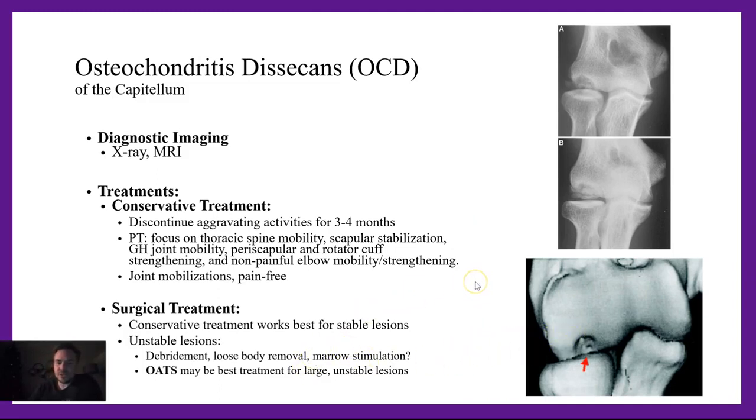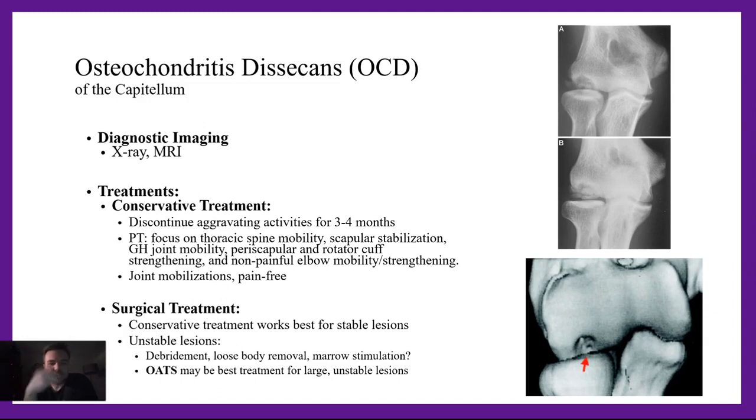They can do bone marrow stimulation or microfracture in hope of cartilage regeneration, be it fibrocartilage instead of hyaline cartilage, but cartilage nonetheless, and then any loose body removal. So sometimes this cartilage can break off and float around in the joint. It's called a loose body. Go in and remove that because it can get stuck in the joint and alter the mechanics.